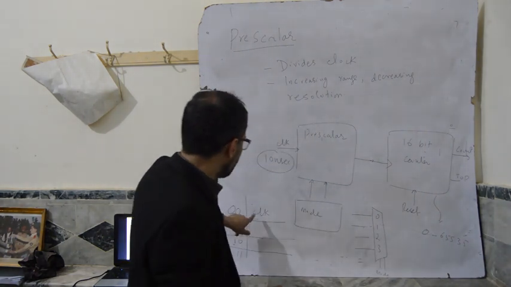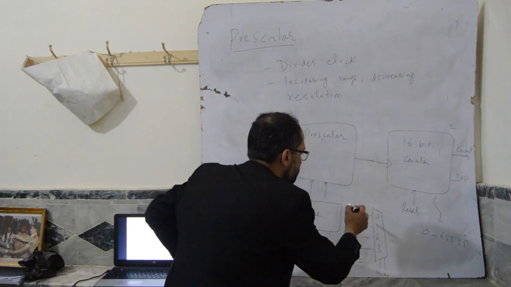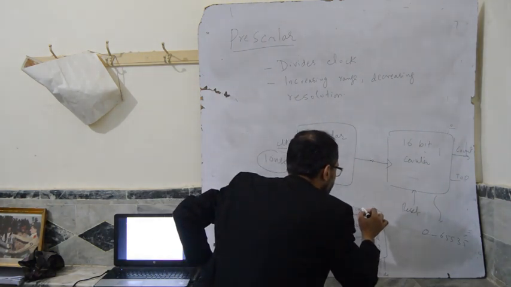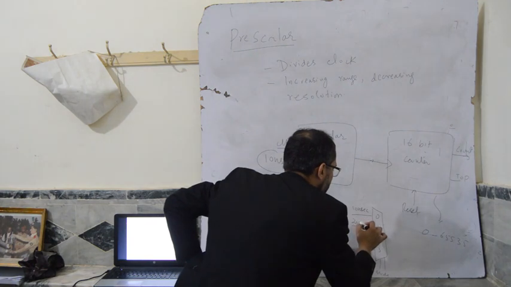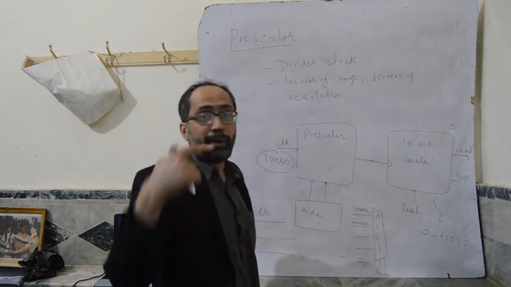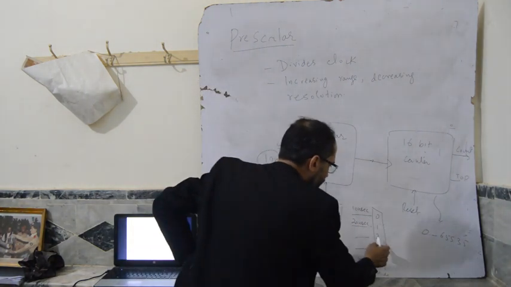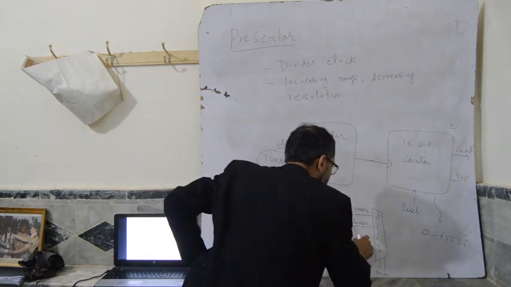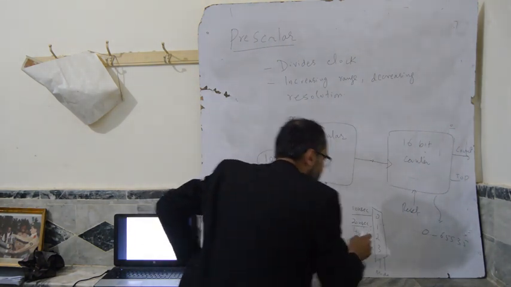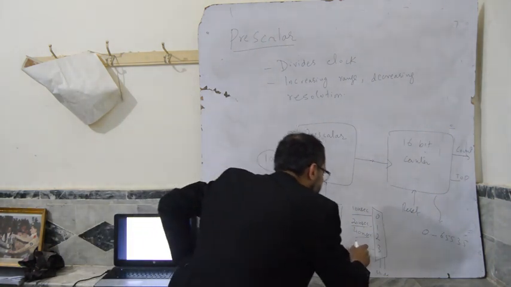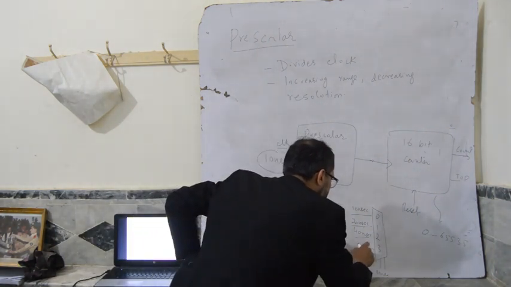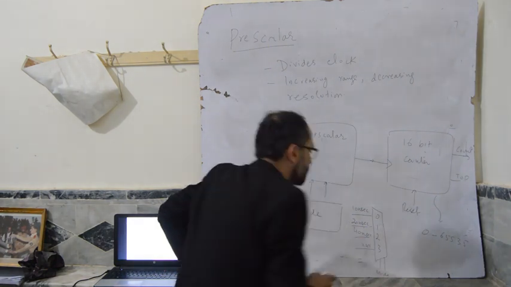If the mode is 00, it will use the clock duration of 10 nanosecond. If the mode is 1, it will use a clock duration of 20 nanosecond. It means it will divide the clock by 2. If you use a mode of 2, it will use a duration of 40 nanosecond. It means it will divide the clock by 4. And if it's 3, then it will use a duration of 80 nanosecond. It will divide the clock by 8.